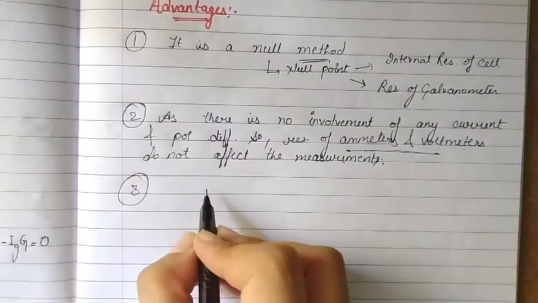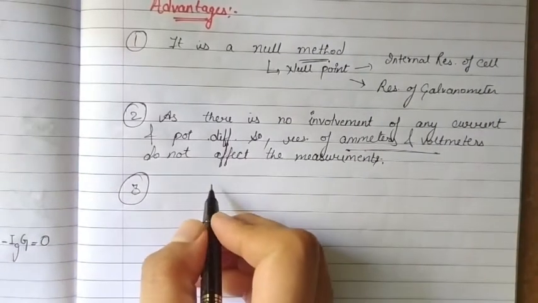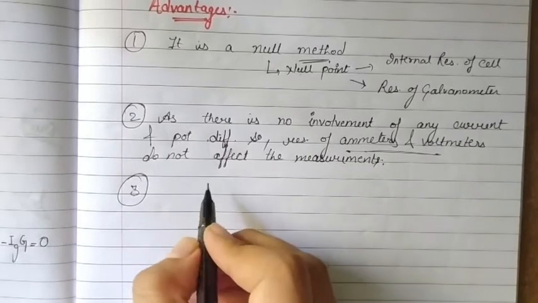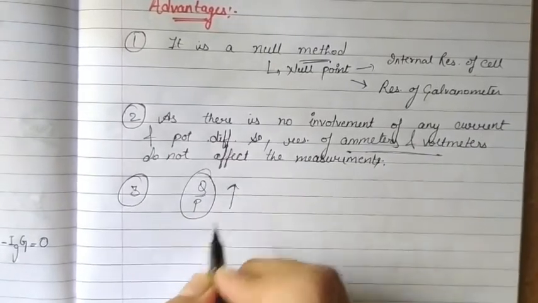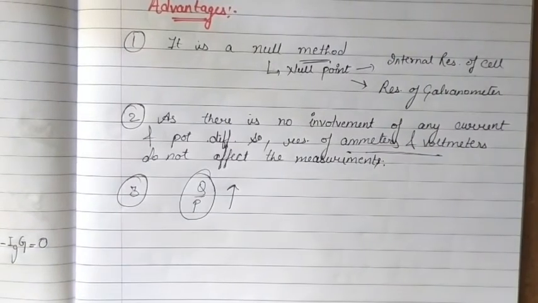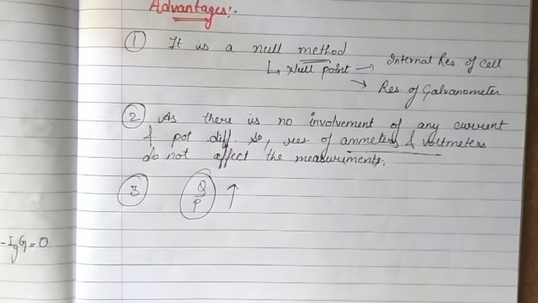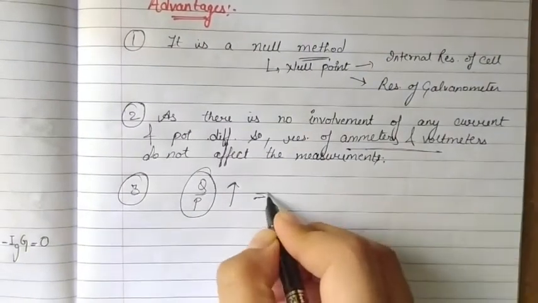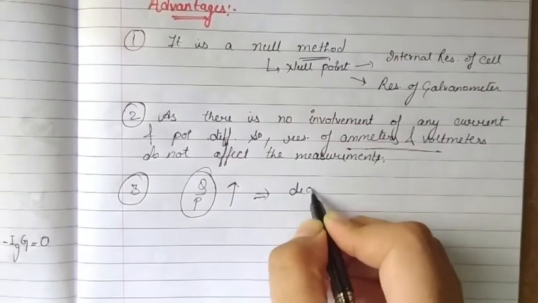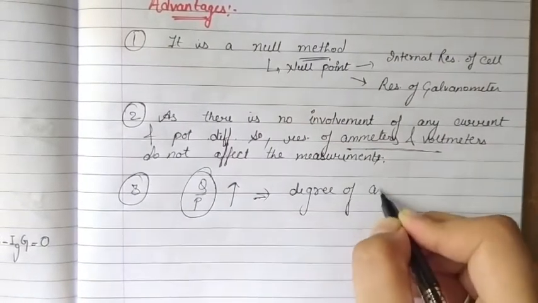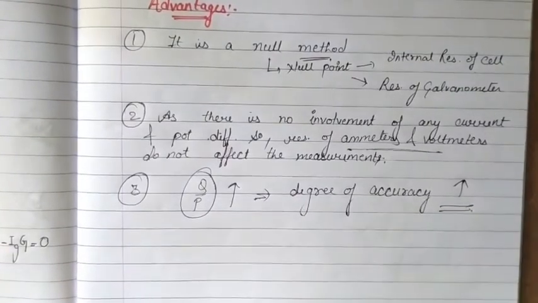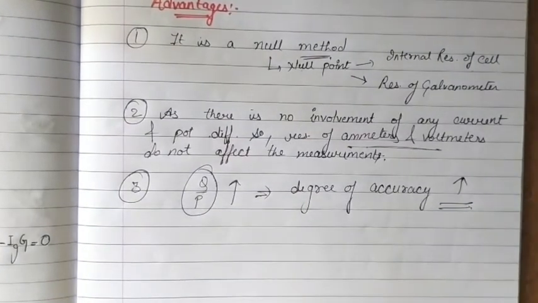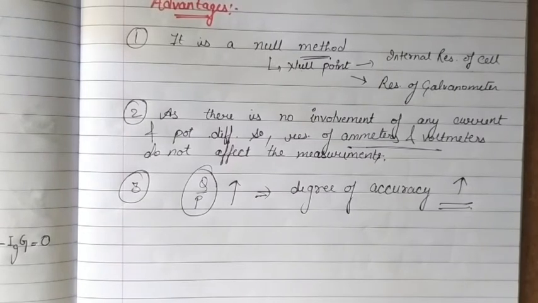Means how accurately our Wheatstone bridge works depends on the ratio Q upon P. So by increasing this ratio, we can increase the degree of accuracy of finding the resistance, and we will get a more accurate result using this process.